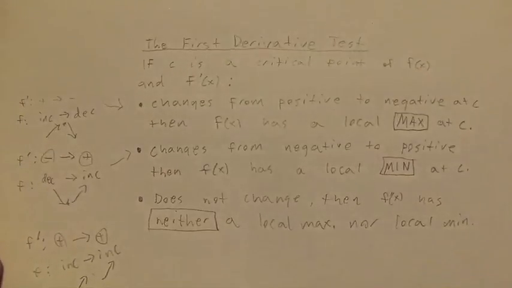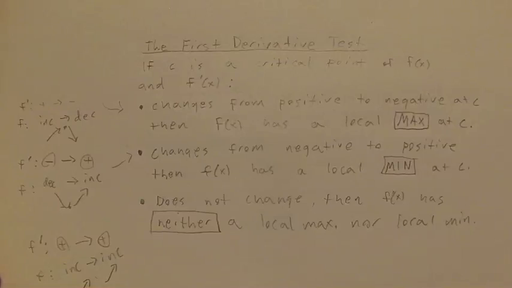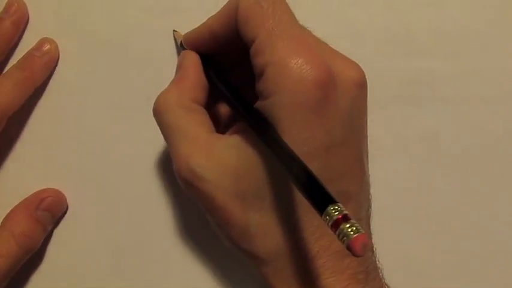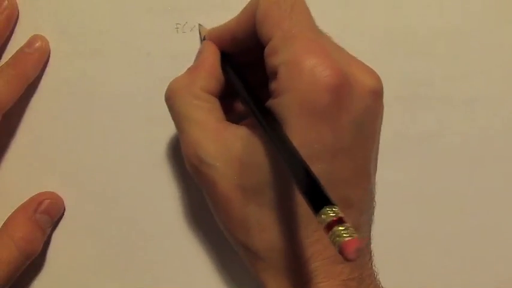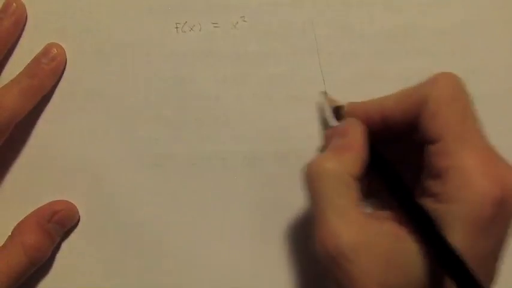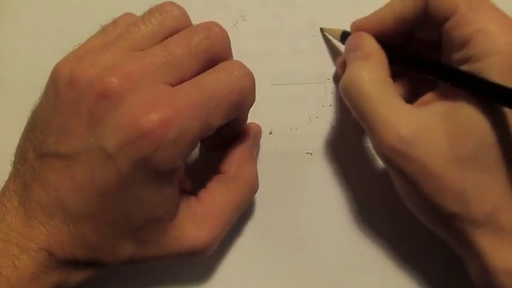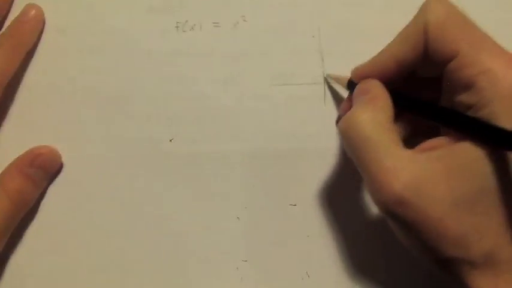All right, so that's the first derivative test. Let's look at a really quick example to show how it works. Something where we already know the answer. We're going to go back to our tried and true x squared example, because we know what x squared looks like, right? X squared makes a U, right?